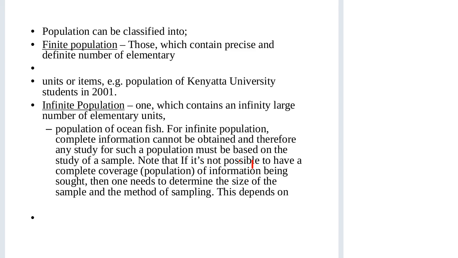For example, are you able to count the number of fish in an ocean? You may not be able to count the number of fish in an ocean. That is an infinite population, because you may not be able to count the number of those items in that population.